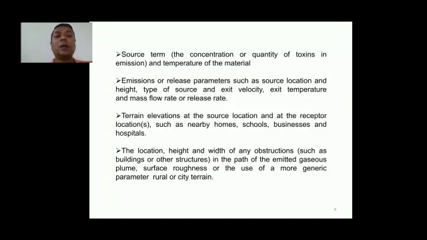Terrain elevation at the source location and at the receptor location, such as nearby homes, schools, businesses, and hospitals. The location and width of any obstructions, such as buildings or other structures in the path of the emitted gaseous plume, and surface roughness, or the use of a more generic parameter, rural or city terrain.